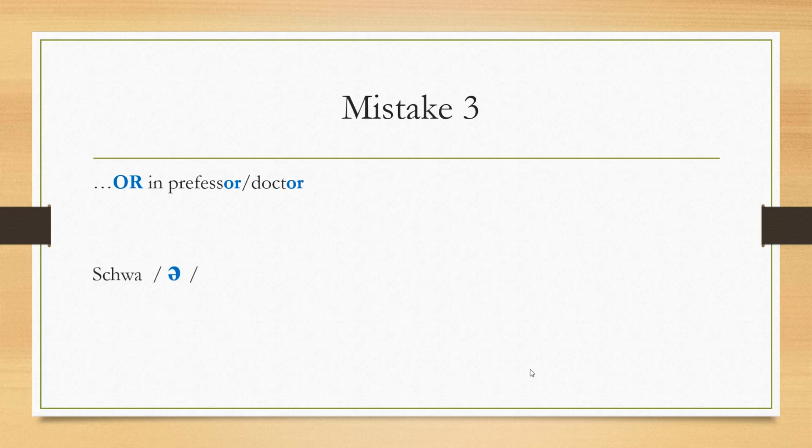Now, we have to know that in this word we have the schwa, the sound "uh". We are not allowed to say it with a full O, no, but with the schwa: professor, doctor. But many people are contented with the wrong version.